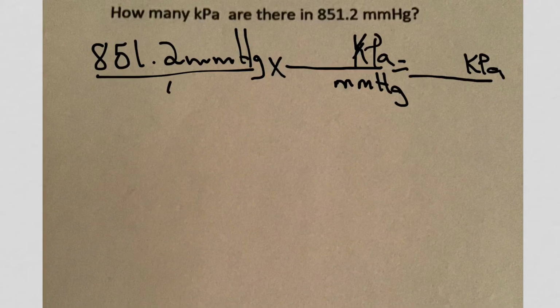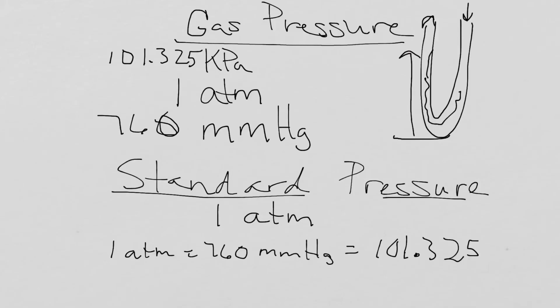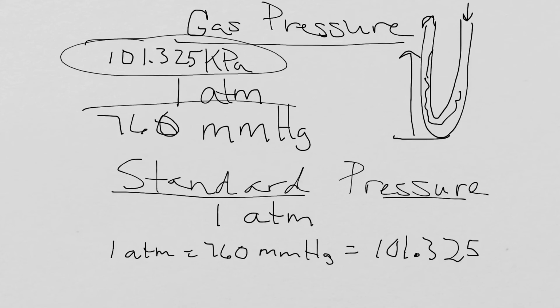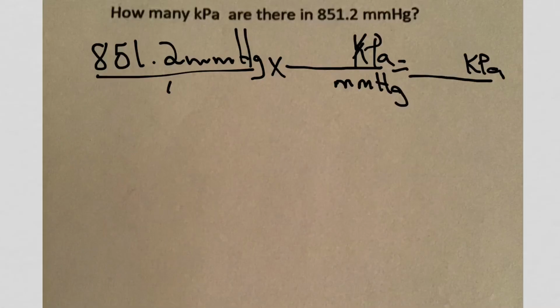Now, if we go back to the other page and look at the standards for those, that's what we can fill into this conversion factor. So kPa is 101.325 and mmHg is 760. So let's go back and fill those in.